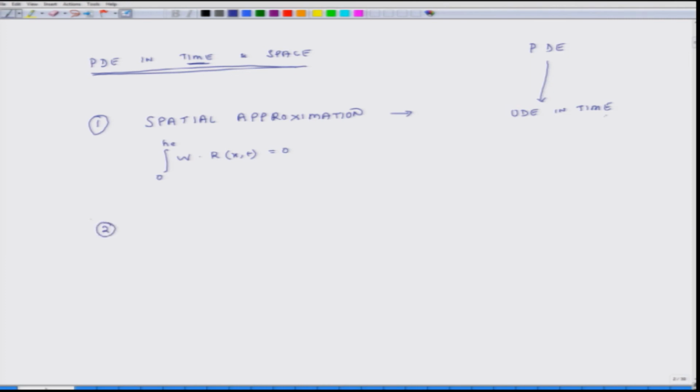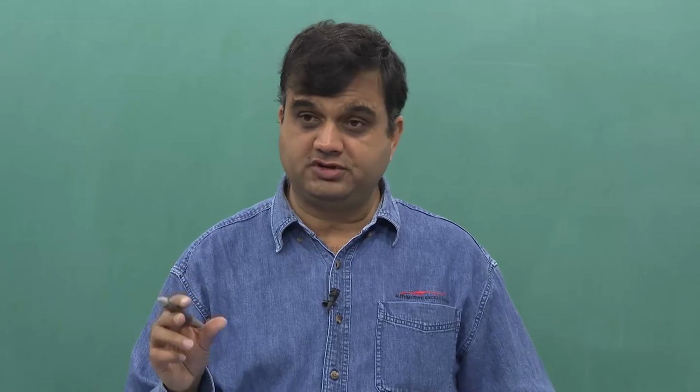The next step we do is temporal approximation. So, from the ODE, once we are done with this temporal approximation, so spatial approximation means we are handling terms related to derivatives with respect to space, that is del over del x. When we are doing temporal approximation, the term temporal refers to time.